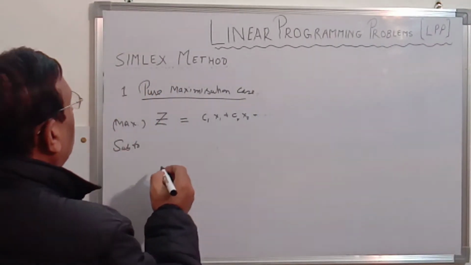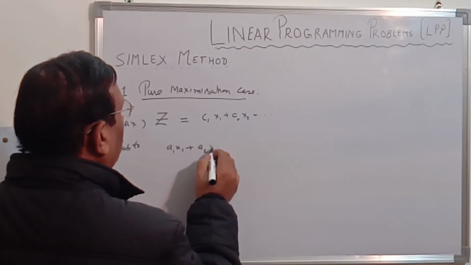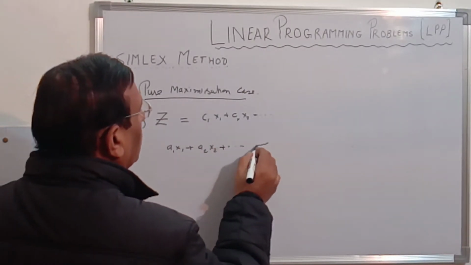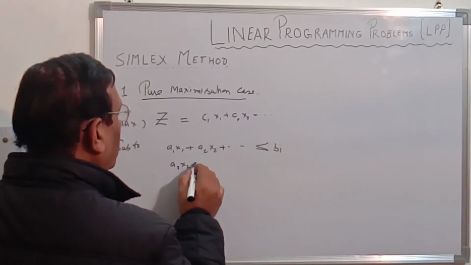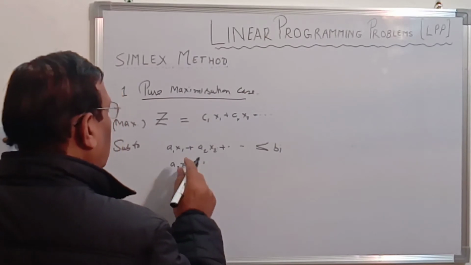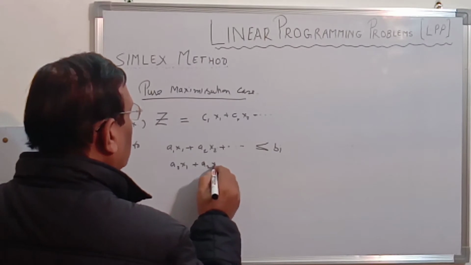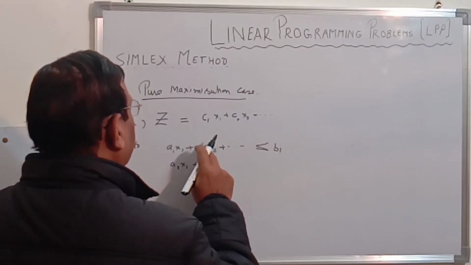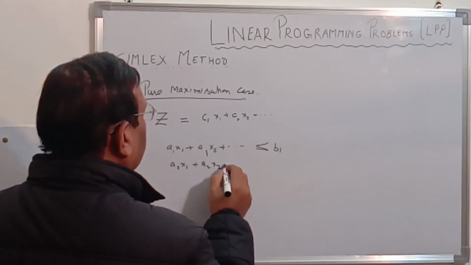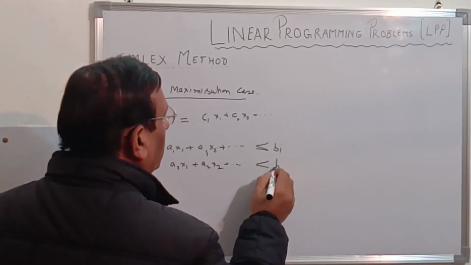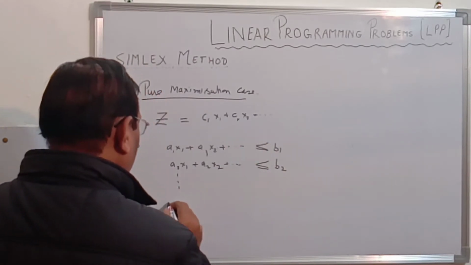Subject to a1 x1 plus a2 x2 plus so on is less than or equal to b1, a2 x1 plus a2 x2 is less than or equal to b2, and so on.